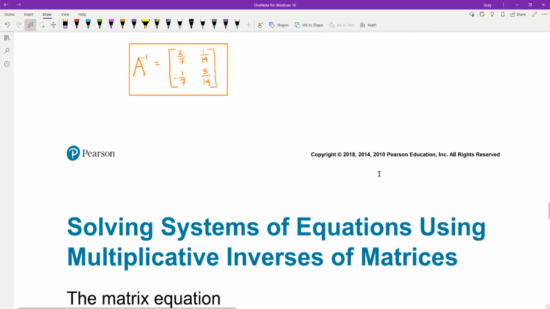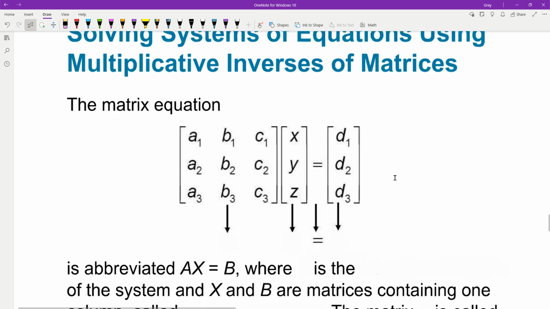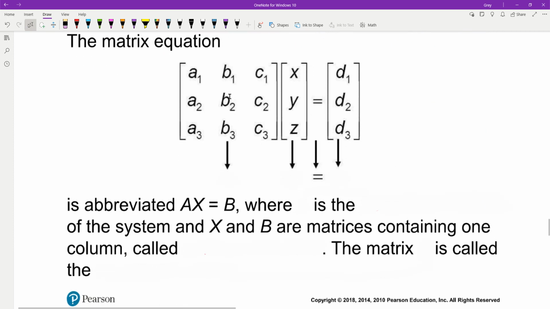Okay, let's talk about matrix equations using multiplicative inverse. So here's a matrix equation. It's made up of matrices and often denoted with the letters A, X, and B because X is the variable matrix. A is considered the coefficient matrix. Those are all the coefficients of your system of equations.